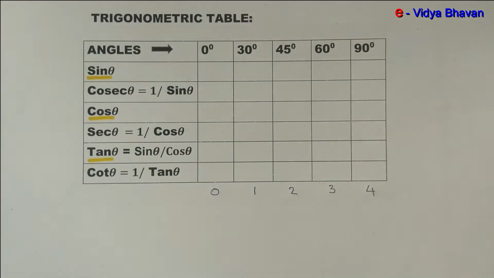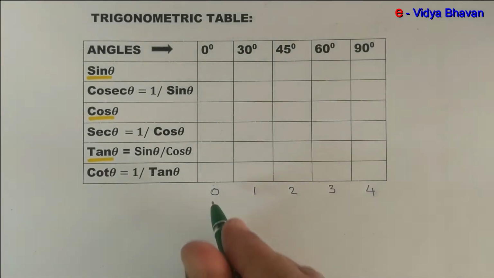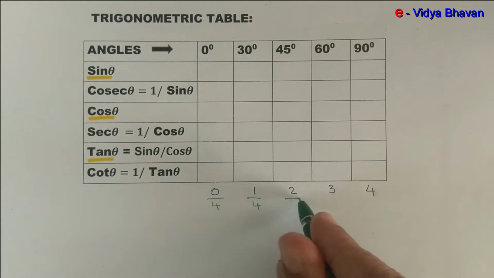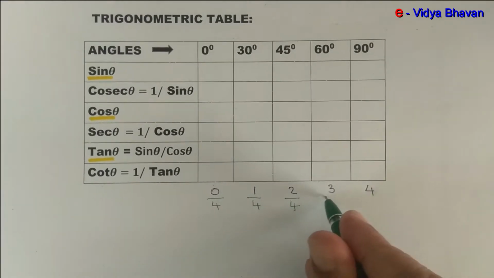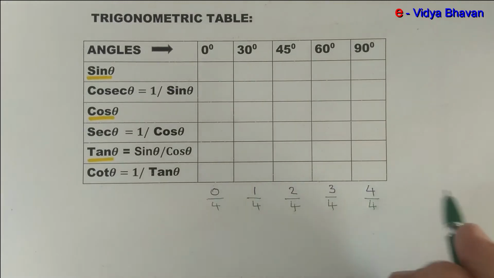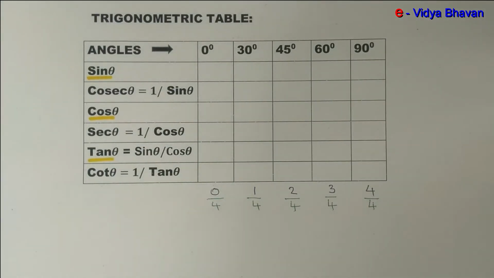Divide all these numbers by 4. Let us find the square root of these fractions.